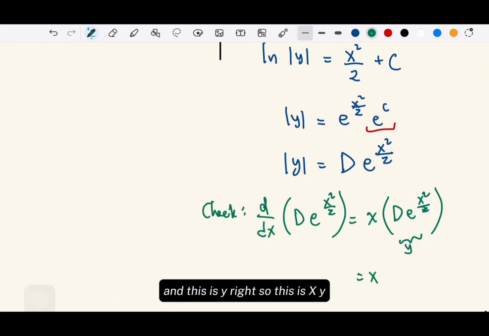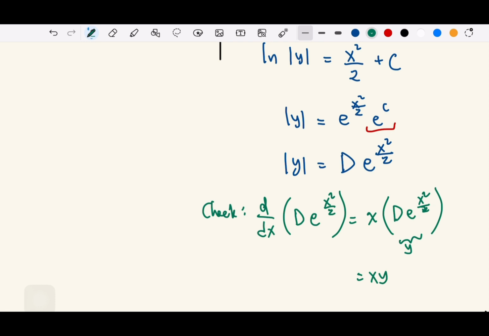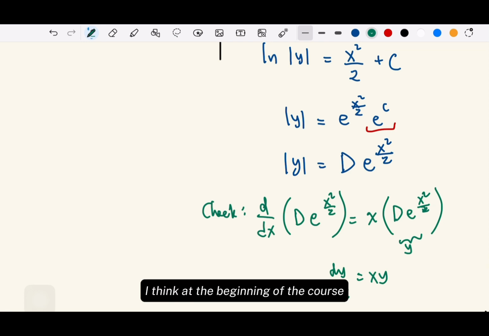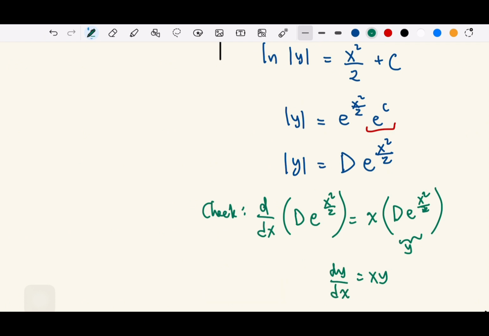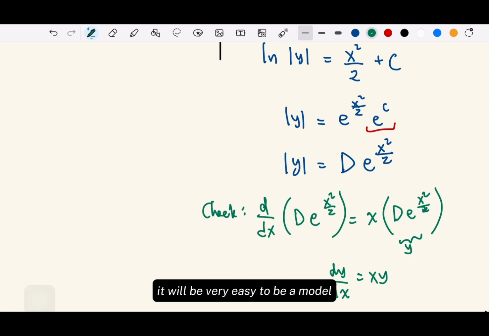So this is xy. Okay. I think at the beginning of the course, I mentioned that we are going to observe that many solutions or equations will contain the exponent, because the exponent, if you think like the e, it will be very easy to be modeled, and if you derive or integrate, we are going to see more and more e, right?